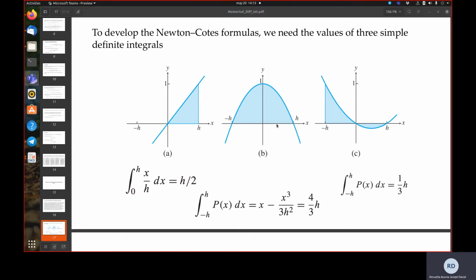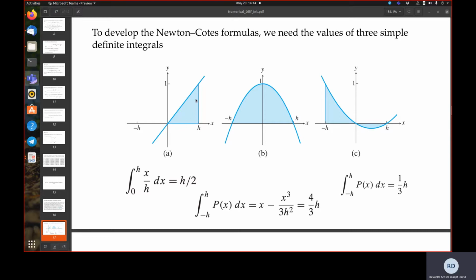Okay, then additionally we also have a problem where we have a more complicated polynomial scheme. For simplicity, I won't explain this one, but in general, we obtain that this is 1/3 of h. This is what we're going to be doing in some complicated matters.